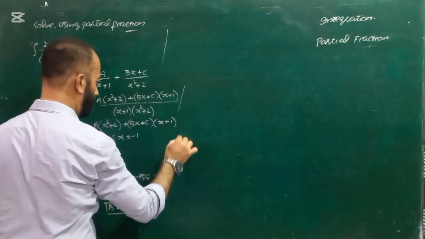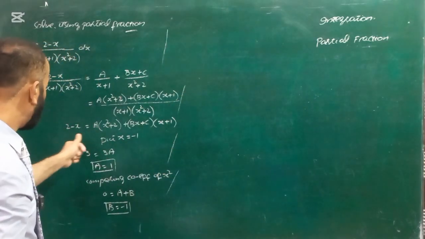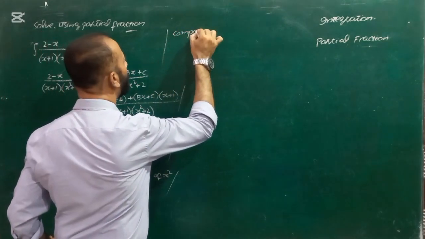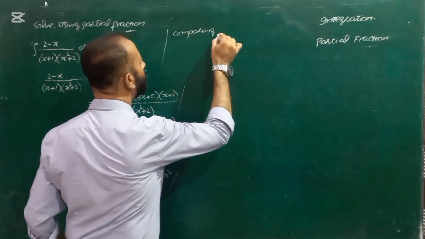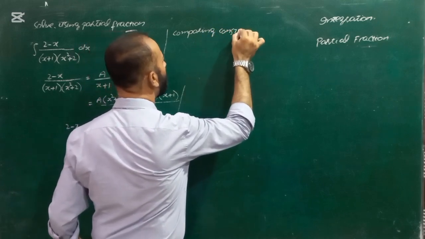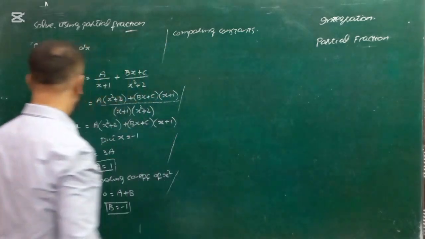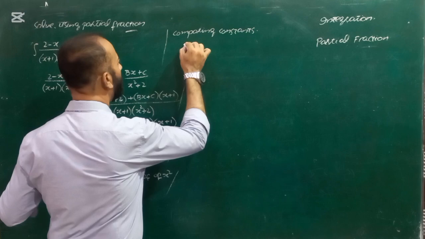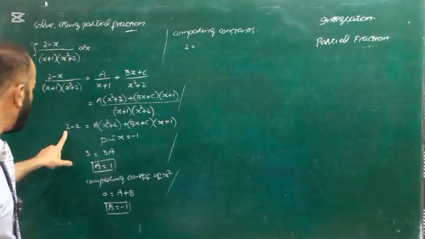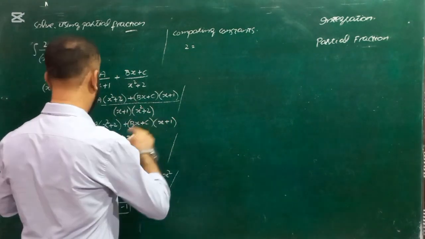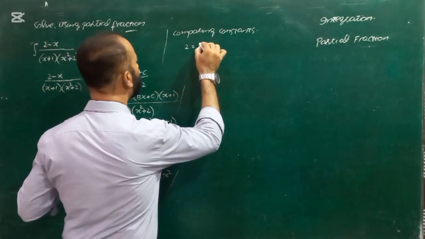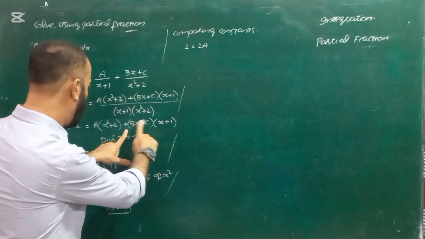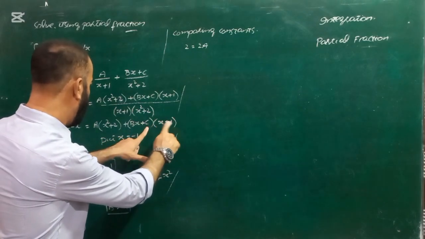Now comparing constant values. On the left hand side, we have 2, and on the right hand side, we have 2a plus c.